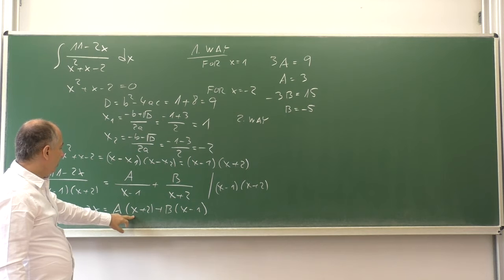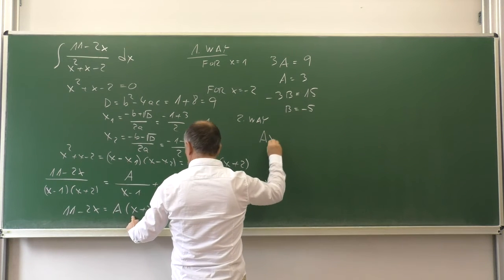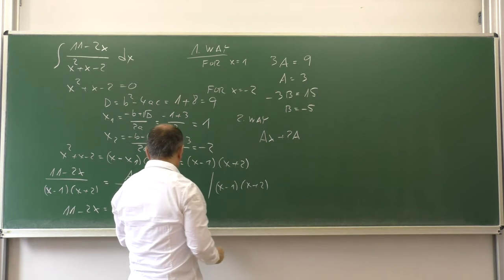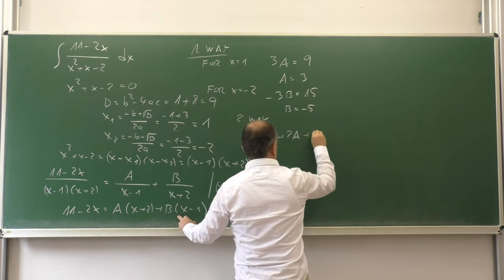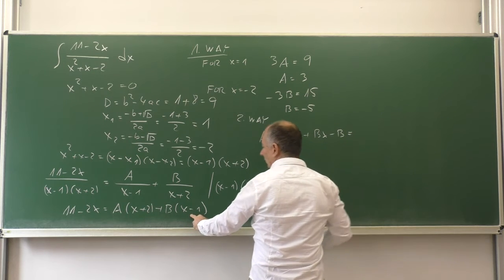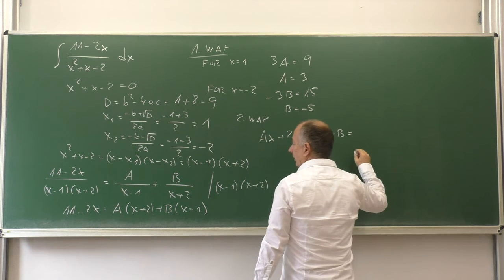So first, if we expand this multiplication, we have ax plus 2a, and from the second term, bx minus b. And on the left we have 11 minus 2x.